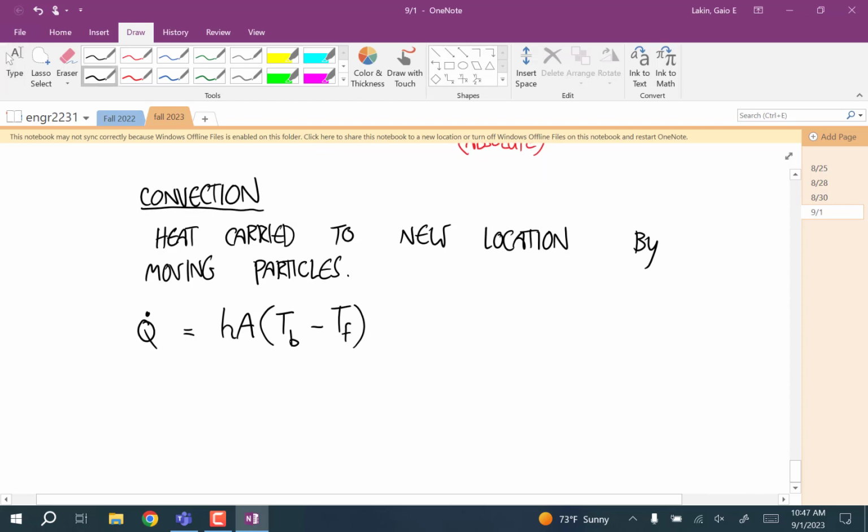And the meanings of these things: H is just kind of a catch-all term. It's an experimental term for your specific case, so it includes a lot of stuff. But this has to be found experimentally.